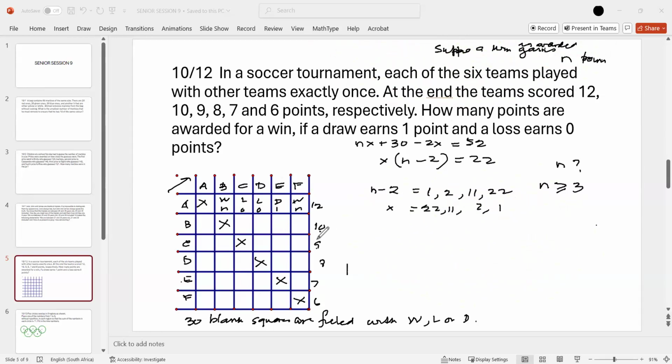Now, x is the number of Ws in this table, right?